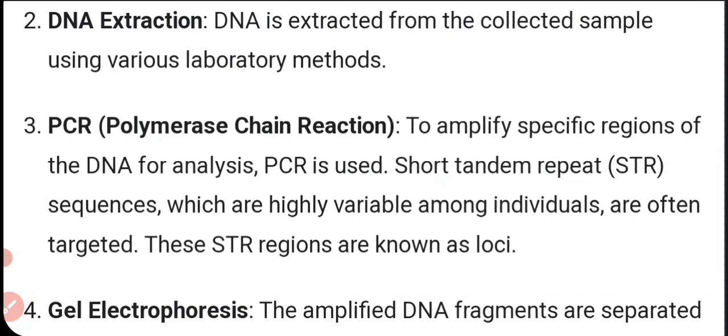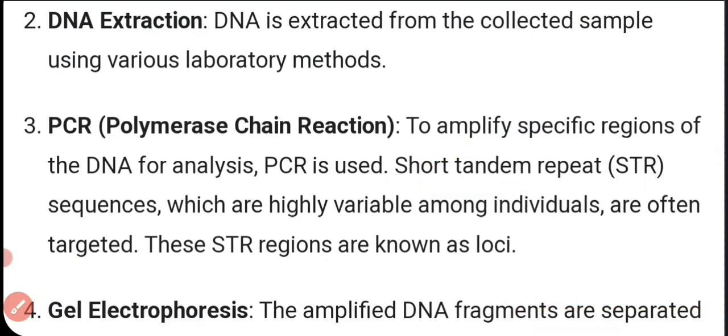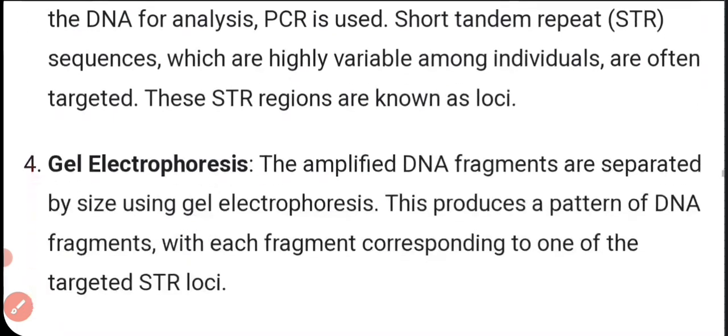So what we will do, we will recognize the particular patterns, which are also called small tandem repeats, and we will amplify, that is called amplification. We will amplify those particular STRs or small tandem repeats, and we will recognize those patterns. These STR regions are also known as loci.